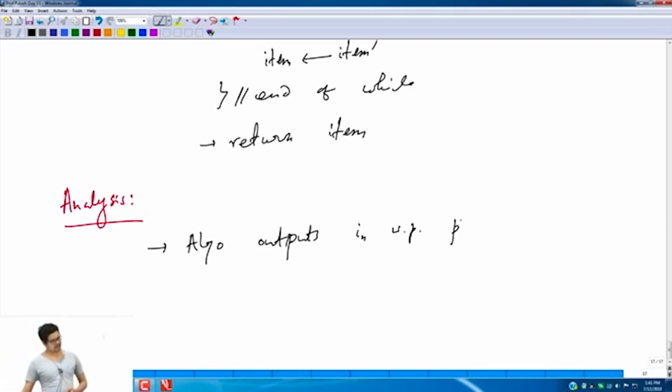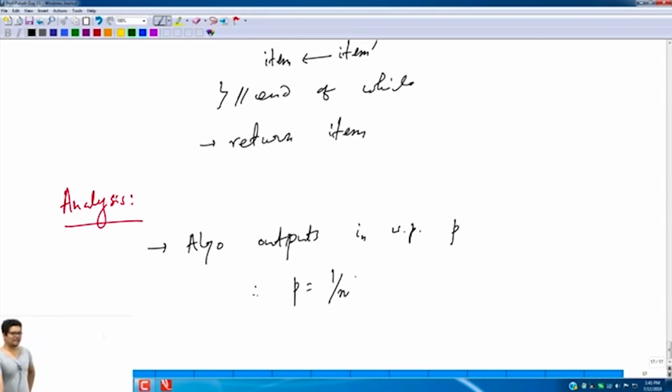So then, what is the requirement? With what probability should the algorithm output IN? Uniform, that means 1 over n. Sure. So that tells you that P should be 1 over n.